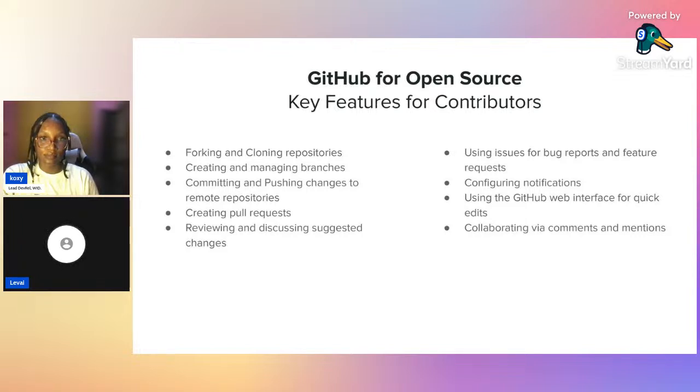So GitHub serves as a tool for project management. It also enables efficient code review through pull requests, because when you submit your suggested change and they review it, you can get feedback on the change you want to implement directly on GitHub. It also fosters community engagement via discussion and social features.